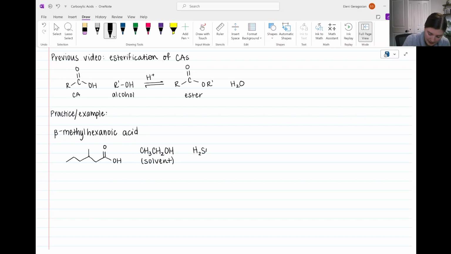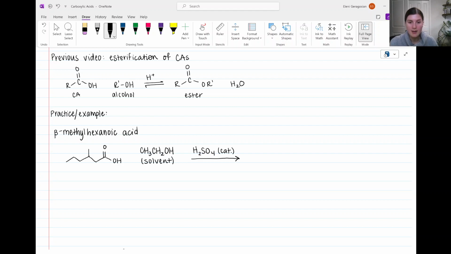And then we will add catalytic sulfuric acid. So enough for the reaction to occur, but this is a catalyst that's not actually involved in the reaction mechanism, and we've seen that in the previous video.